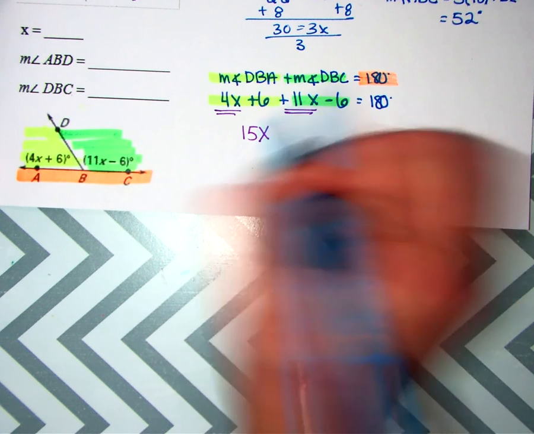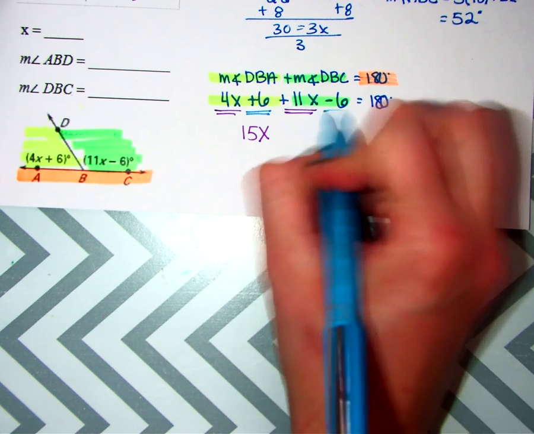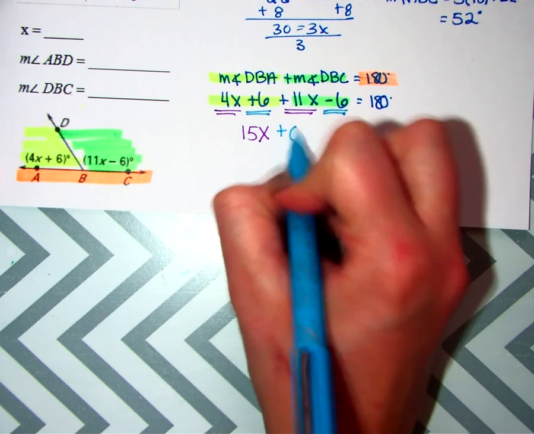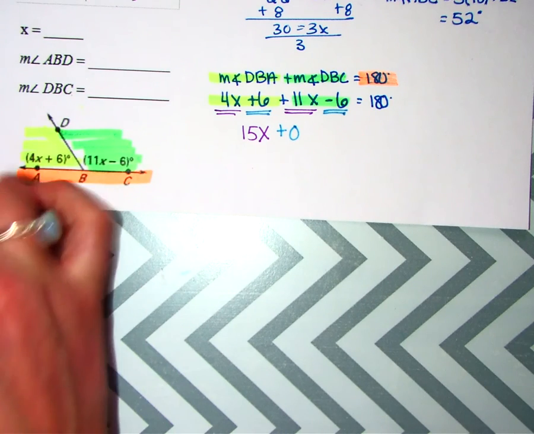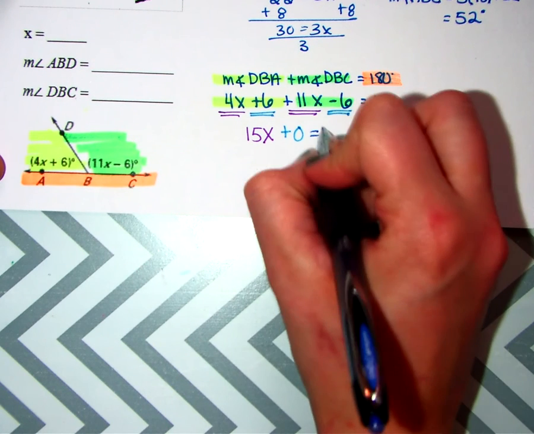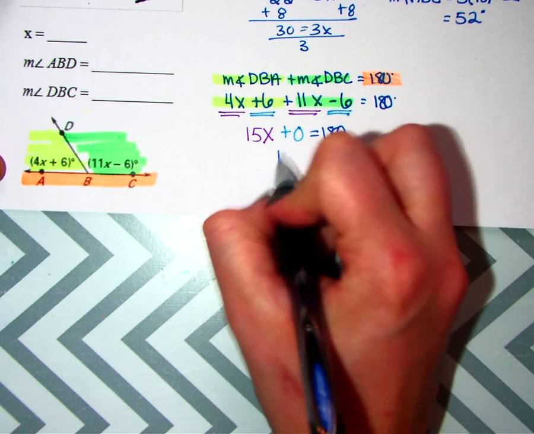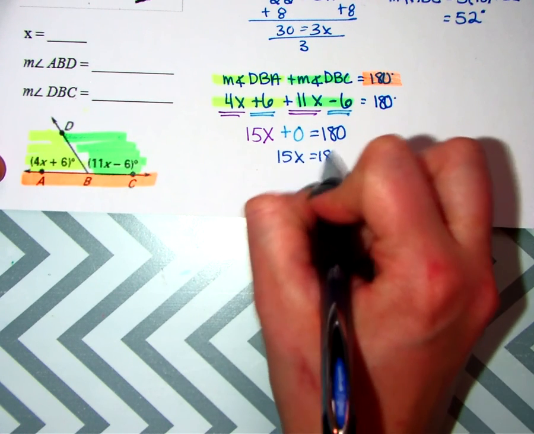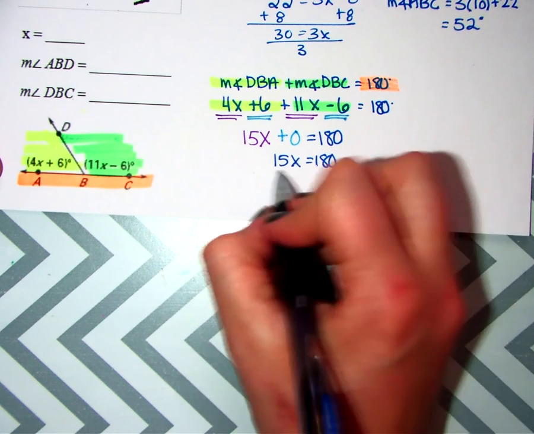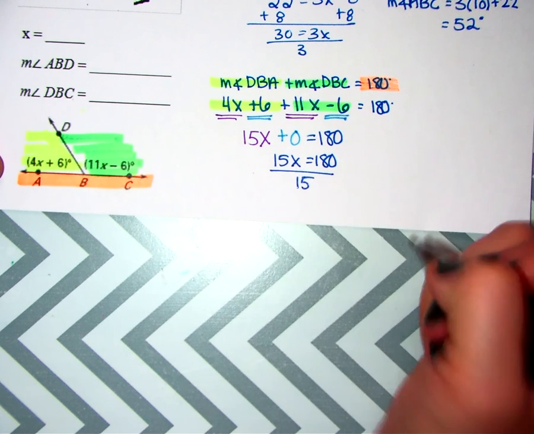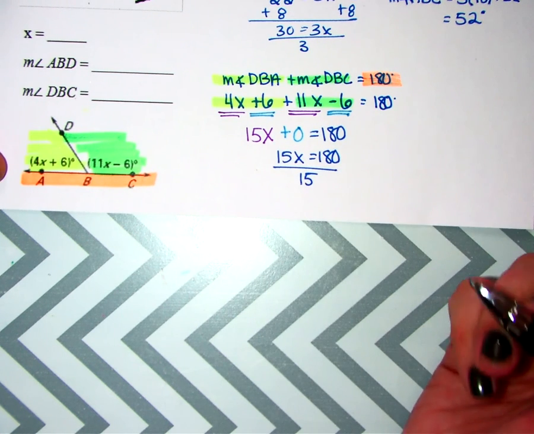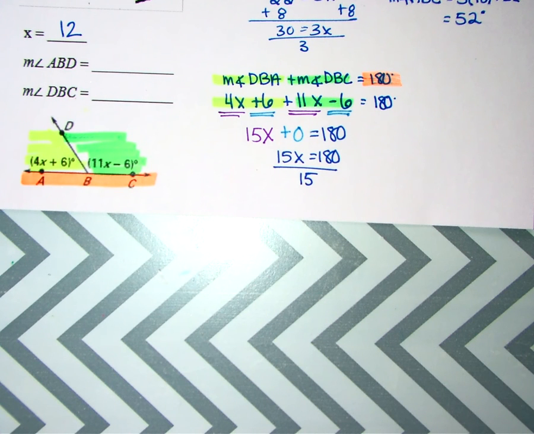Then we also have a positive 6 and a negative 6, which is actually going to add to nothing. It's 0. And in reality, you don't have to write plus 0, so we can just write this as 15x equals 180. Then I'm going to divide both sides by 15, and we're going to get an x value of 12. In this case, it's already got a little spot written for you.